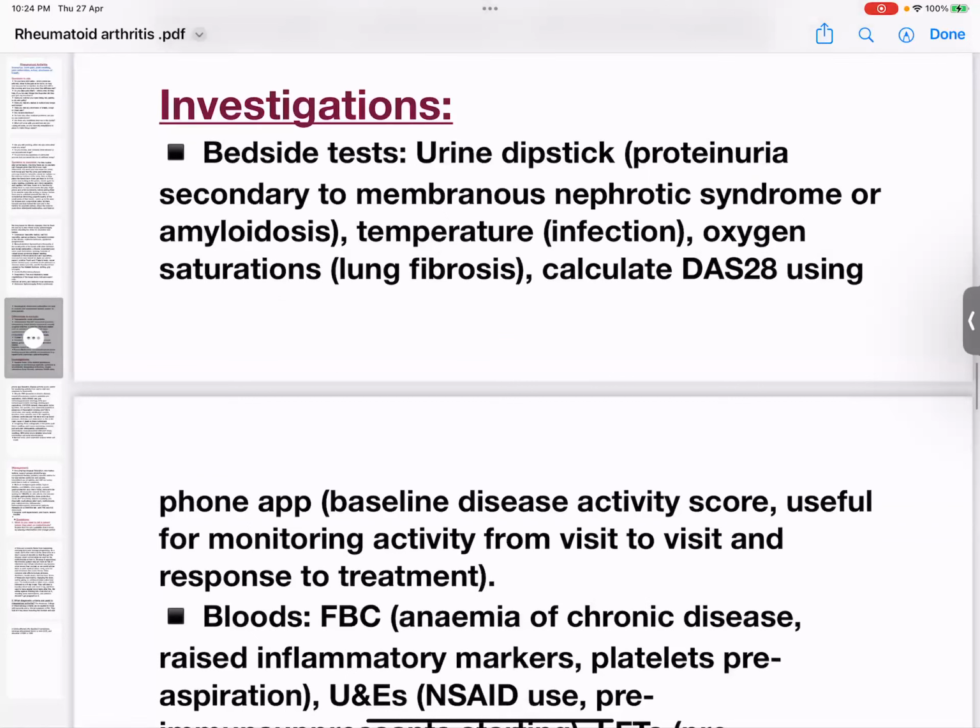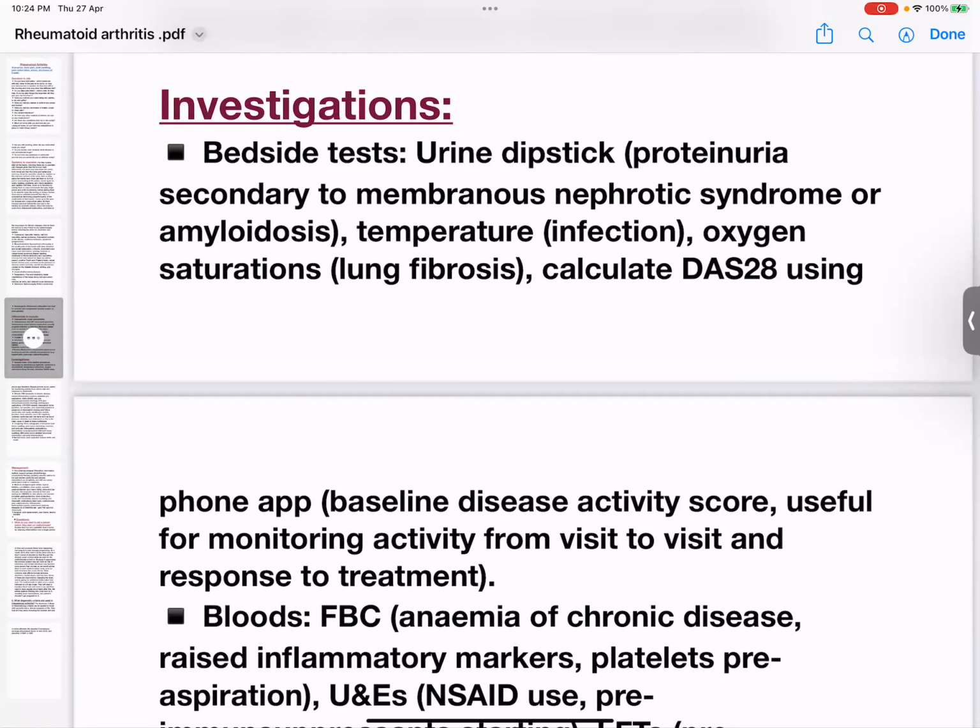Investigations: urine dipstick for proteinuria. Think first about the kidney, nephropathy secondary to membranous nephrotic syndrome or amyloidosis. Check the temperature for infection, and oxygen saturation for lung fibrosis.